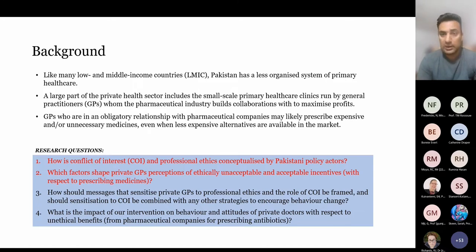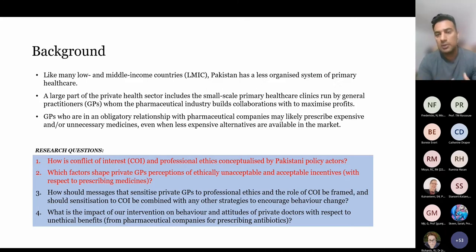So as a result of pharmaceutical incentivizations, GPs may experience a conflict of interest, a situation where GP's professional judgment is influenced by a secondary interest, such as a financial gain, that leads to a decision that conflicts with their interpretation of patients' best interest. And there is strong evidence that GPs who engage with pharmaceutical incentivization are likely to prescribe unnecessary or more expensive medicine to patients. That contributes to an increased financial burden on them.